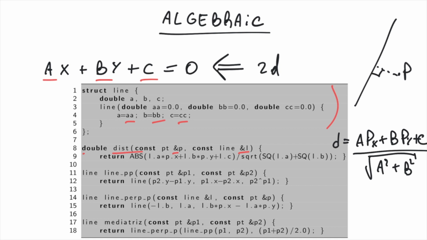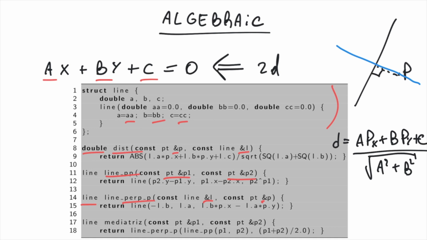So this function takes the point P, the line L, and gives me the result as a distance, a real number. Similarly, you can write functions to compute the line that goes through 2 points. So you take 2 points and you give me a line in an algebraic representation. You can write a function, for example, to get a perpendicular line, which could be useful if you need to compute the line that is perpendicular to this one and goes through P. That function will take the line and the point and will give you a new line.